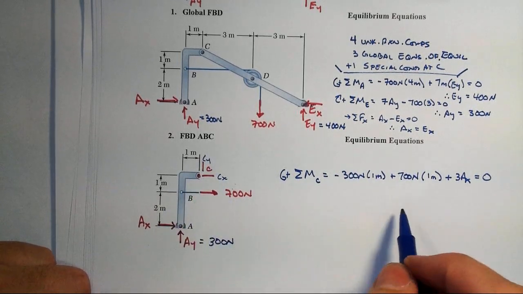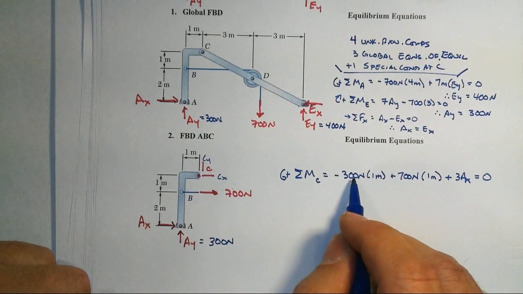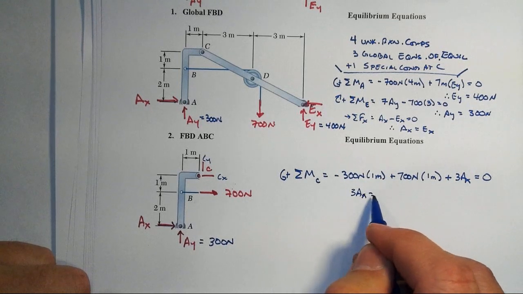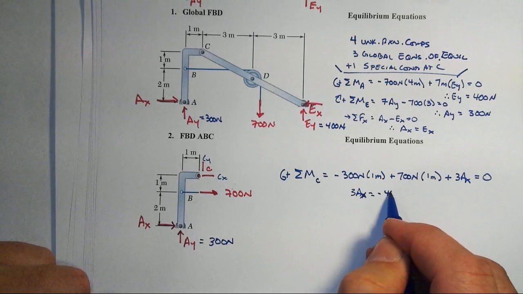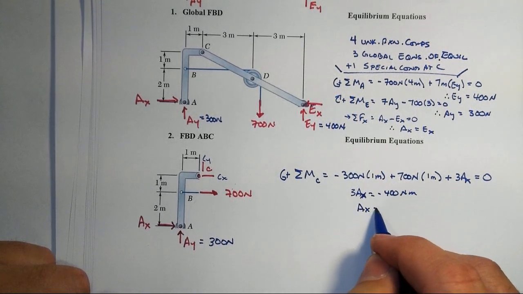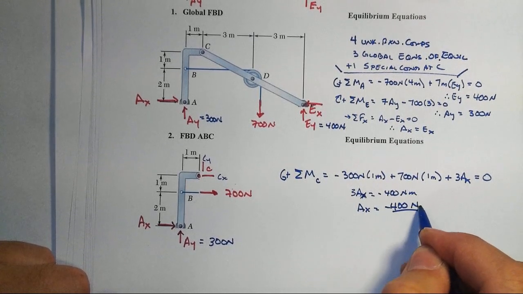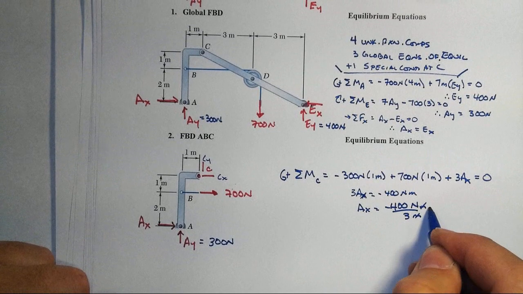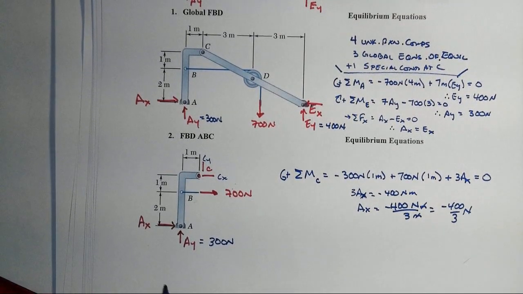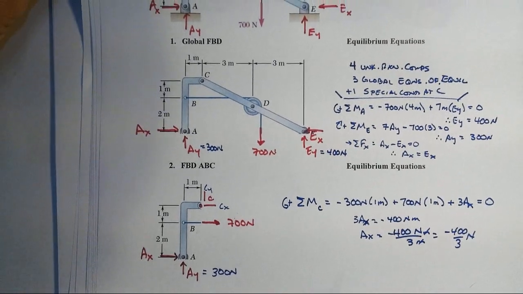I still don't know their directions yet. And this is kind of weird: 700 minus 300 is plus 400, so 3AX is equal to minus 400 newton meters. So AX is equal to minus 400 newton meters divided by 3 meters. Meters cancel out, so minus 400 over 3 newtons. The minus says I guessed wrong about the direction of AX. It is actually in the other direction.